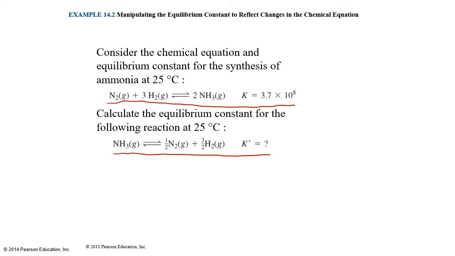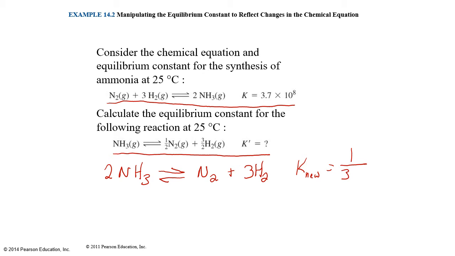So if we reverse the reaction, we have to find the new equilibrium constant. We have to take 1 over the original.